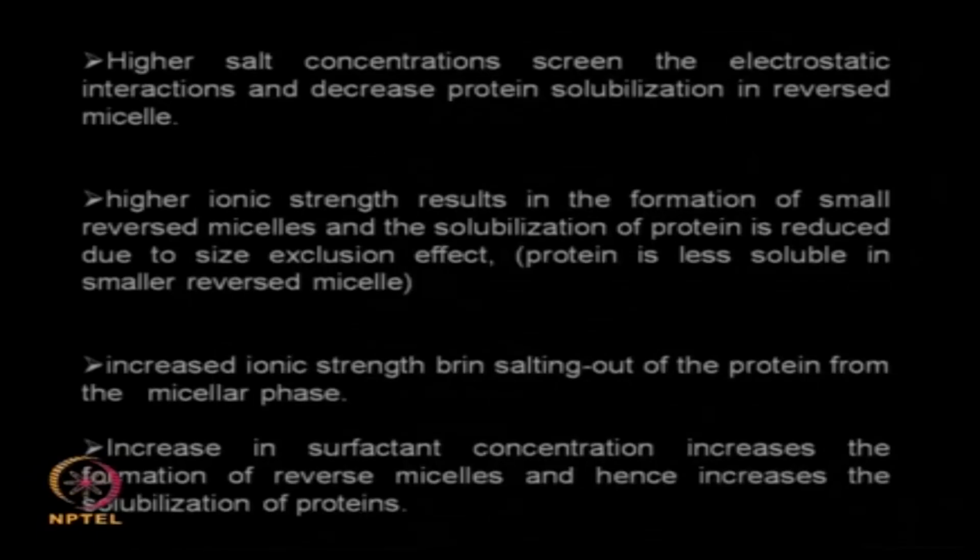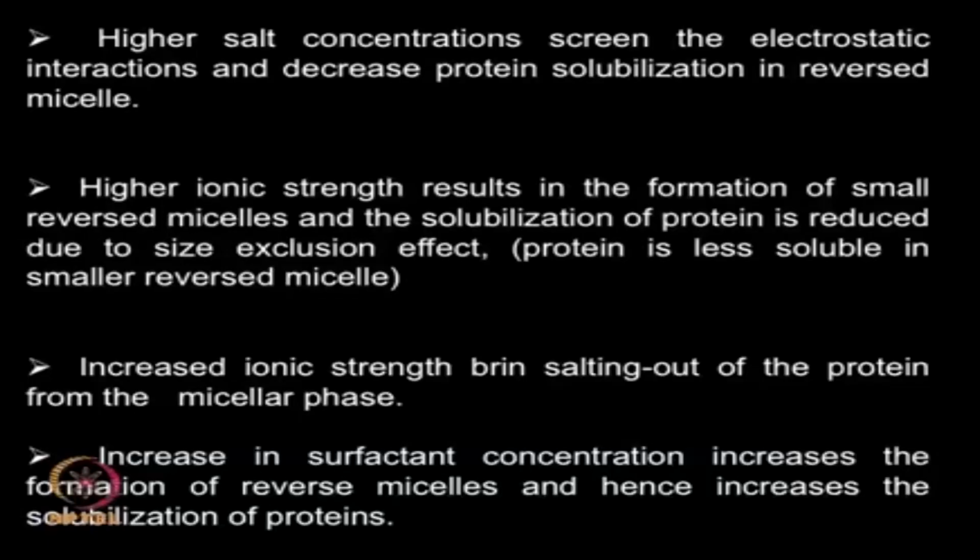So you see there is a very close interaction between the type of surfactant I select, anionic or cationic, and the pH at which I operate with respect to the isoelectric pH. So there are many conditions by choosing which we can alter the solubility of the protein in a reverse micelle extraction.